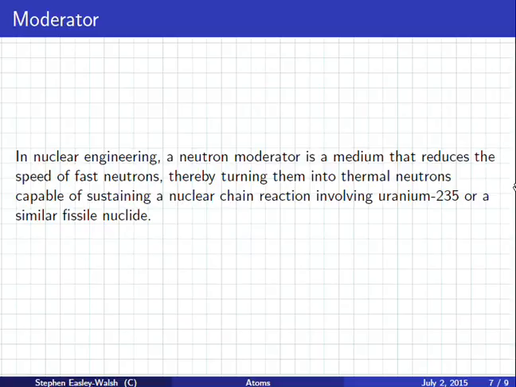Now, moderator. This was not on my diagram, but the moderator is around the reactor, and basically it's like protection. It can absorb the neutrons, so it's like a shield. So you can just say moderator is the shield of the reactor.